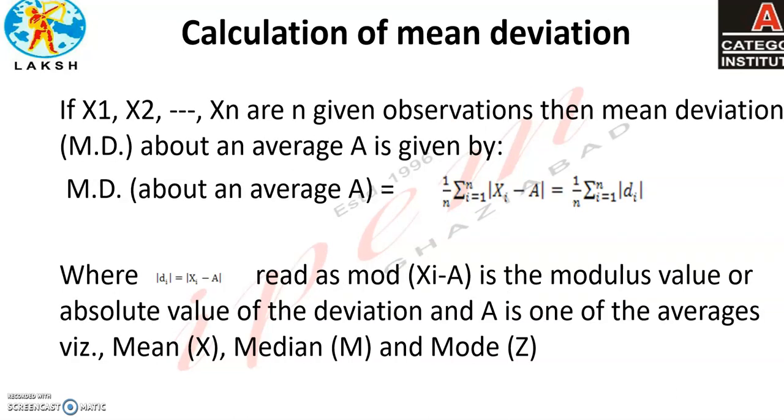Calculation of mean deviation, if we calculate it in the ungrouped data, then the formula is mean deviation is summation |xi minus A| upon n, right? Or you can easily learn it by mod, where mod is the absolute value, so summation |d| divided by n.